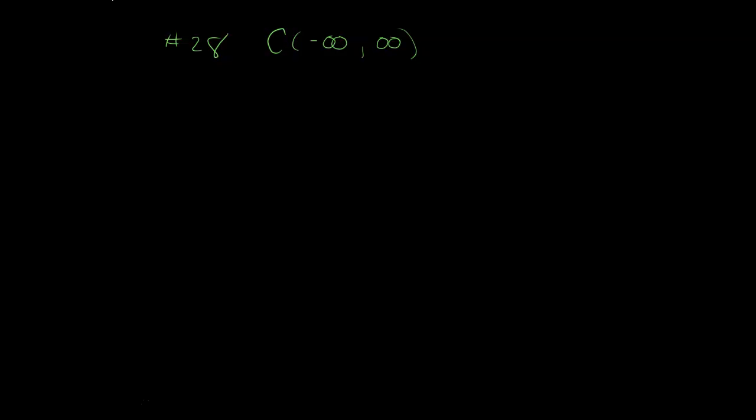So we want to verify or justify with results from algebra or calculus, whichever one you choose, that the continuous functions on the real line form a vector space. What might be helpful is to think about, well, what are our properties? Let's assume F, G, and we'll call it H, are all members of this space of continuous functions from -infinity to infinity.